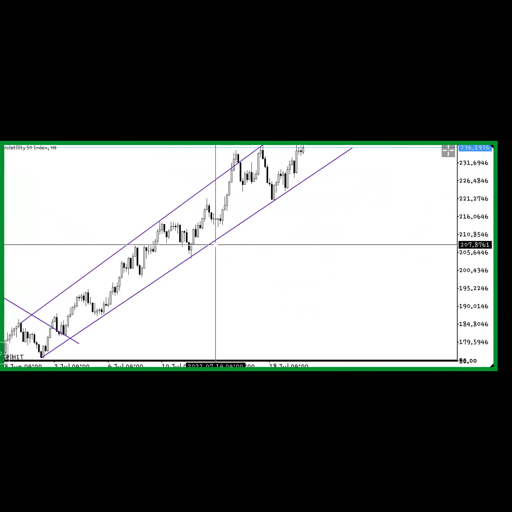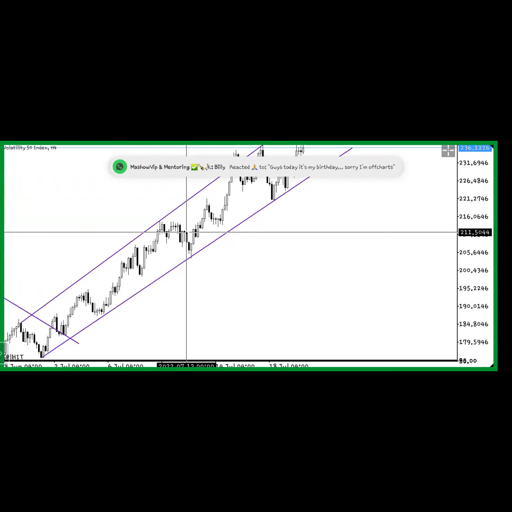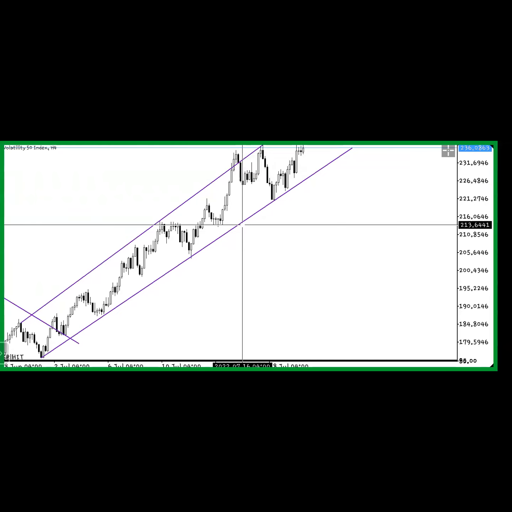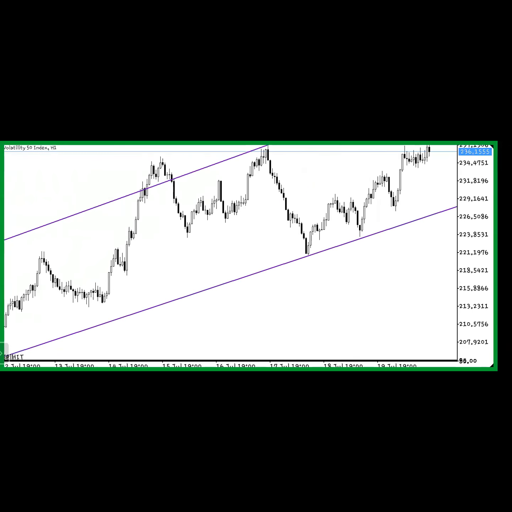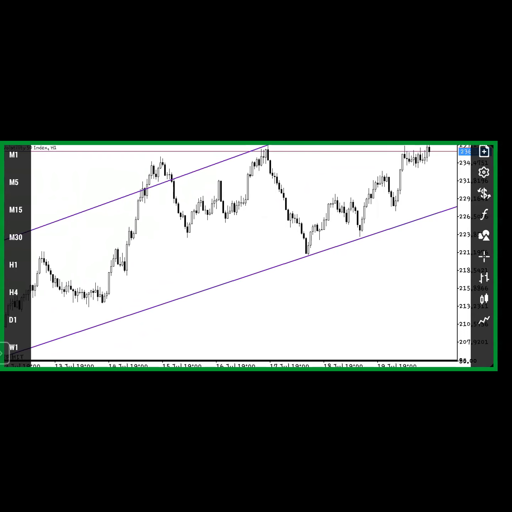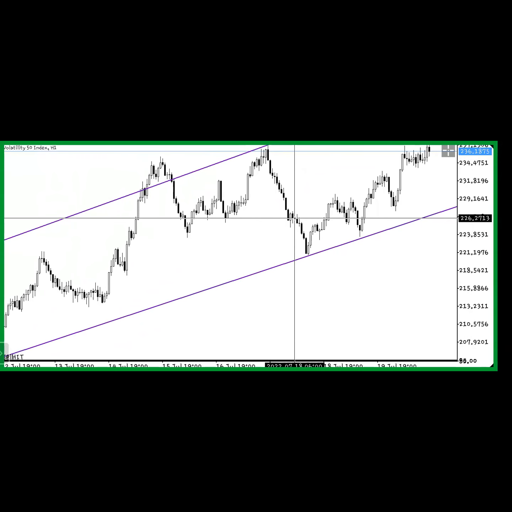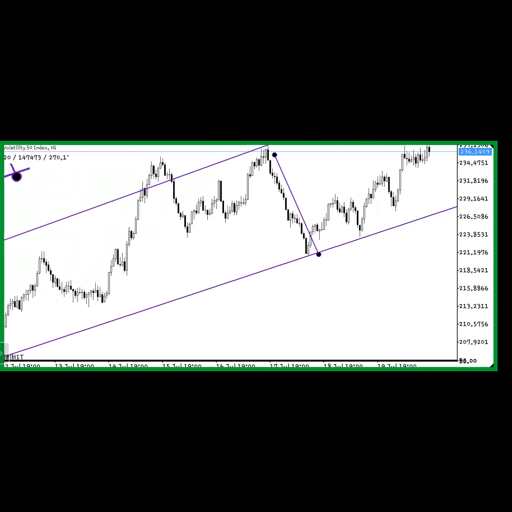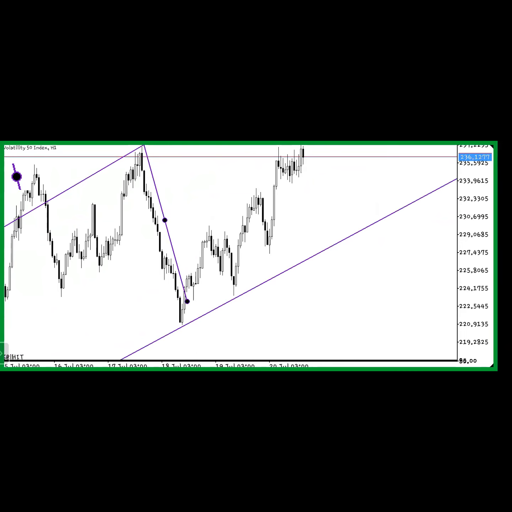Here we have another one. Wait for breakout and retest, then you buy again. Let me see if we have another one. Here, if you go back to H1, let me see how it will show up. We have this channel here, but I don't know if it's going to connect correctly, but let me try. I don't know if I'm confusing you here, guys.